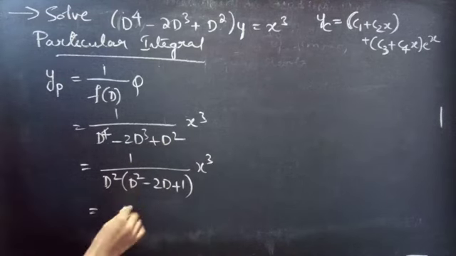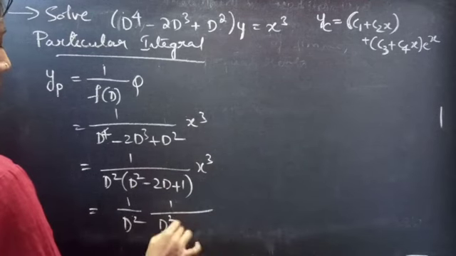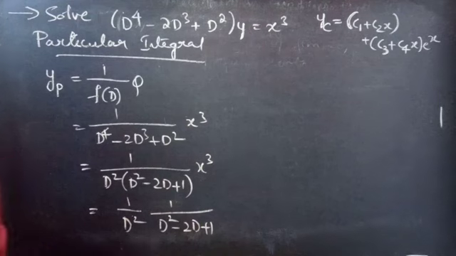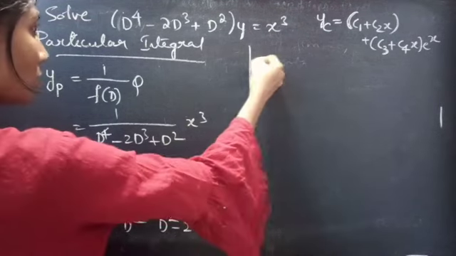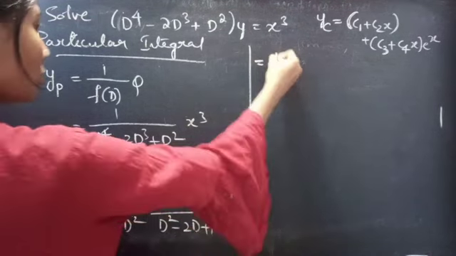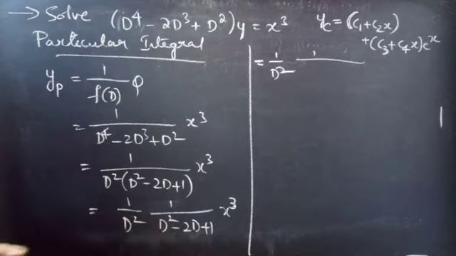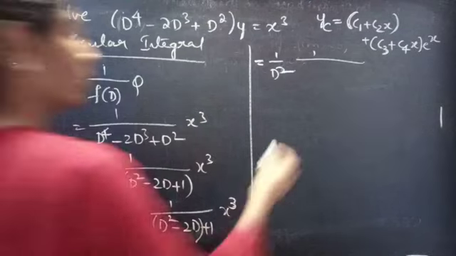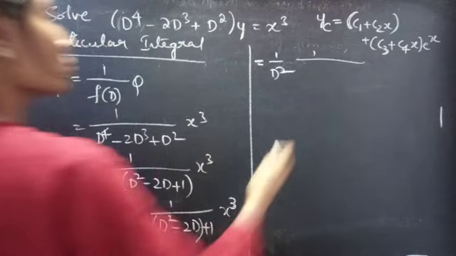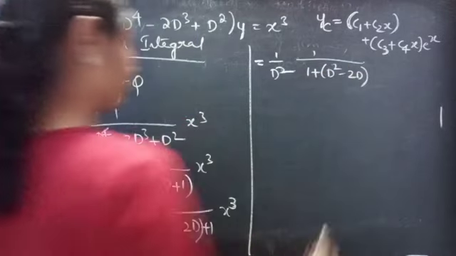Now let's split the fraction as 1 by D square into 1 by (D square minus 2D plus 1) into x cube. Now this is D square, right? 1 by D square into 1 by, let's write this denominator as, we'll consider D square minus 2D as one term and 1 as another term. Then we can write this as 1 plus (D square minus 2D), right?